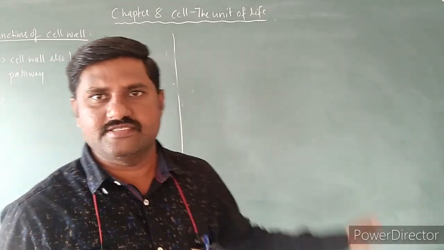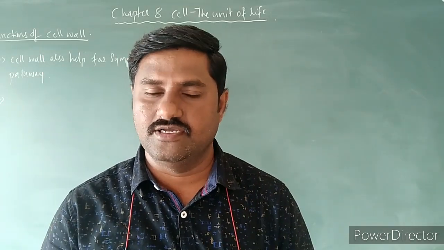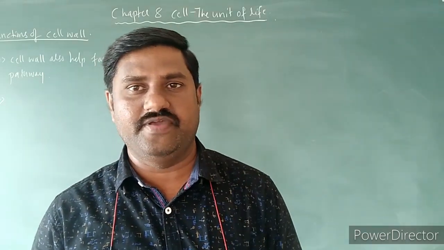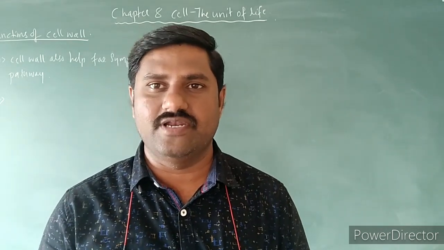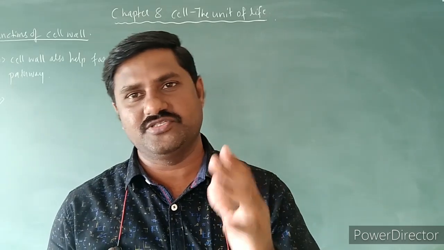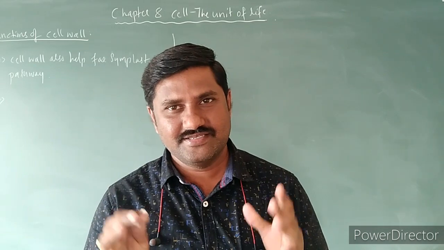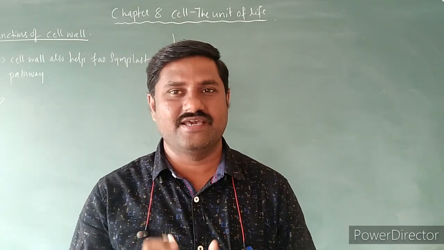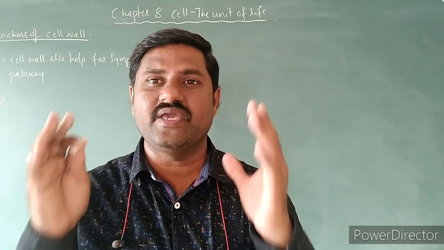And one more thing, in the same diagram you imagine yourself, the endodermal cells are suberized, what we call it as, means the walls of those cells are deposited with the help of suberin material, right? Suberin material they are covered with, and hence they become impermeable in nature.